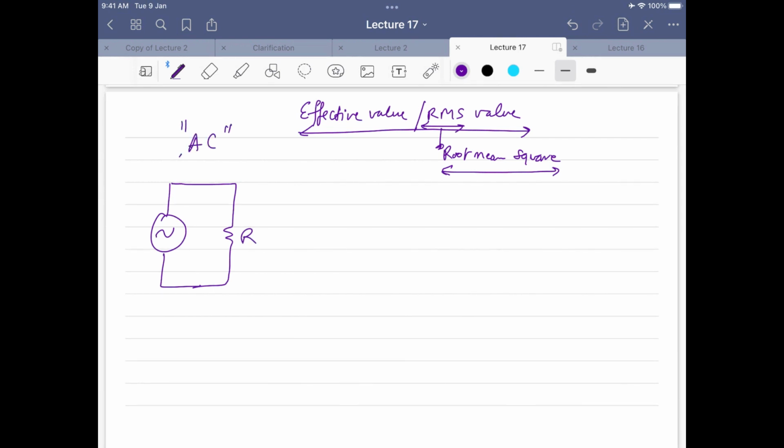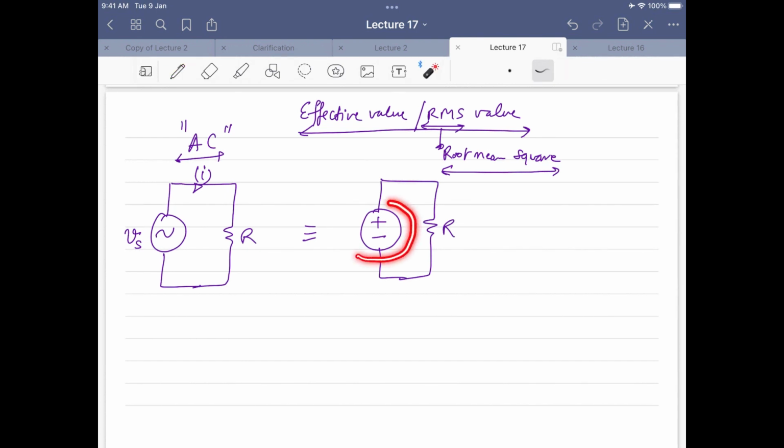We have this alternating voltage source Vs delivering power to the resistor, and we want to know what DC voltage will generate the same amount of power in this resistor.